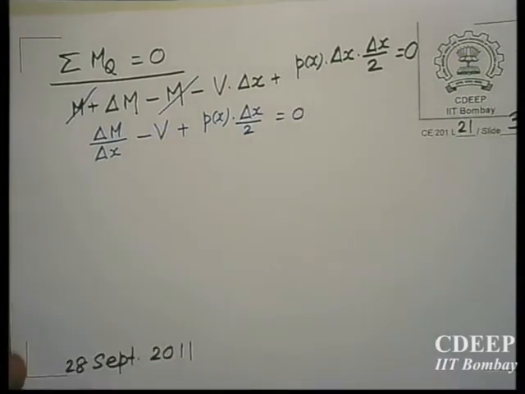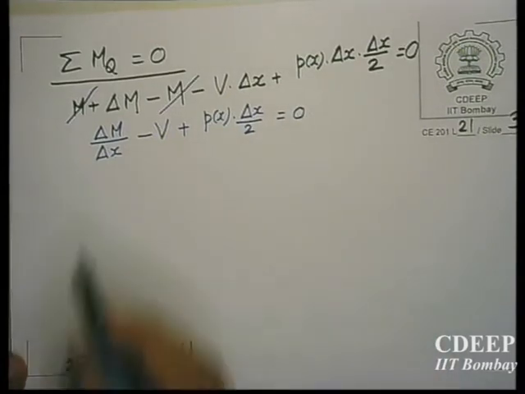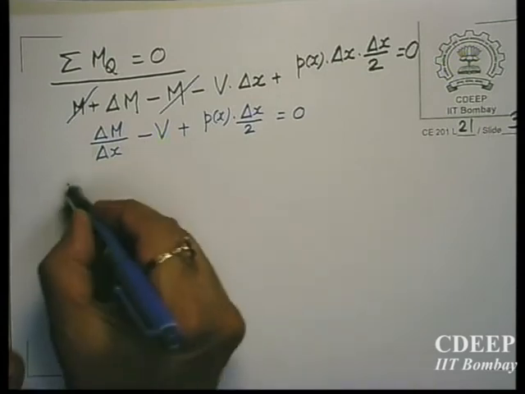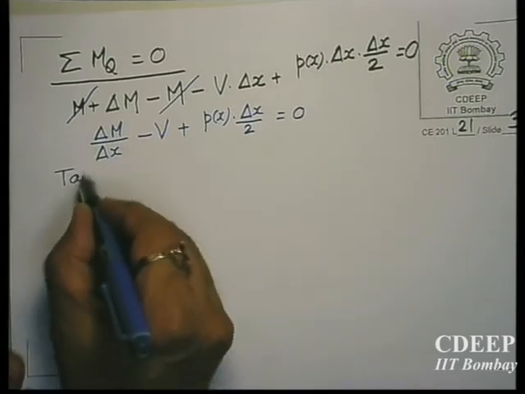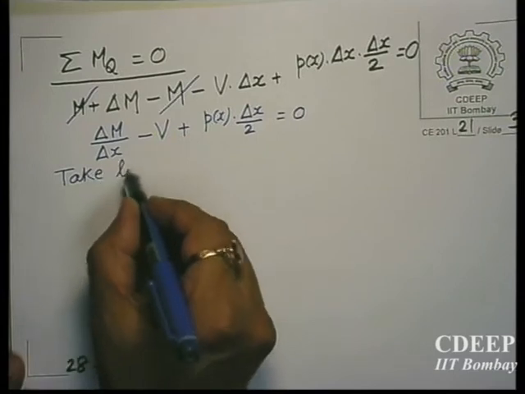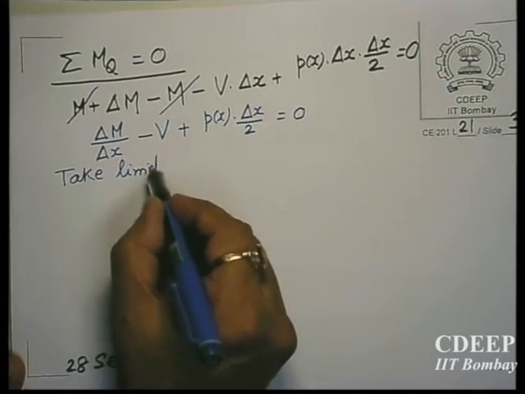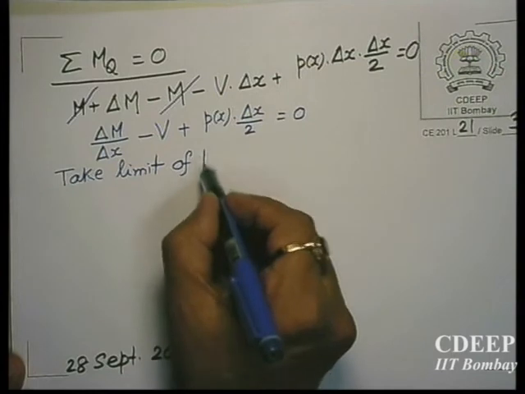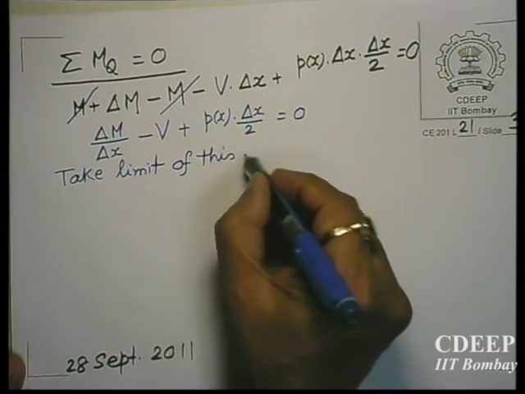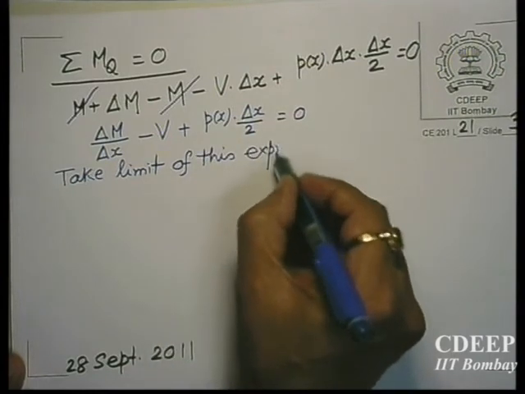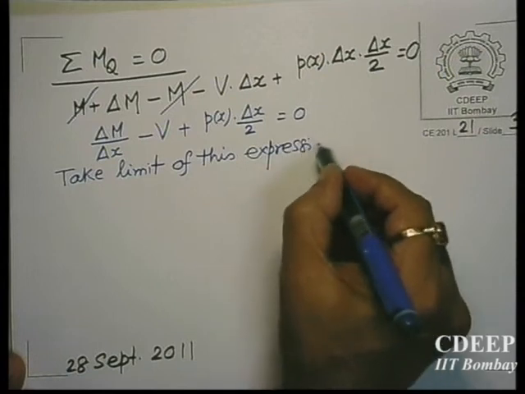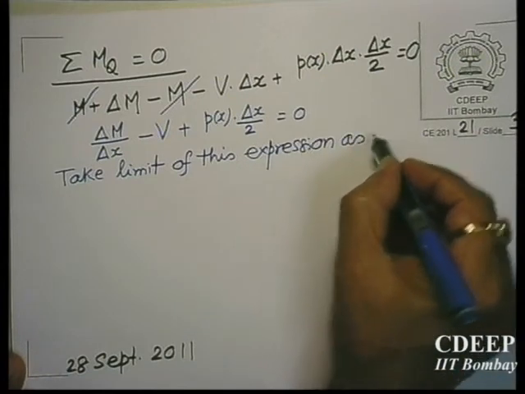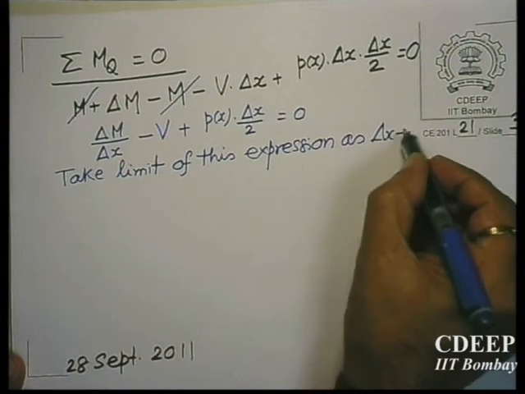Now, this is also going to give you a differential equation. So, let us take the limit of this expression as delta x tends to 0.